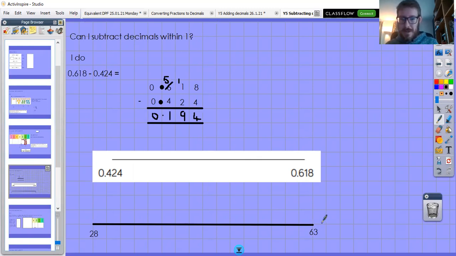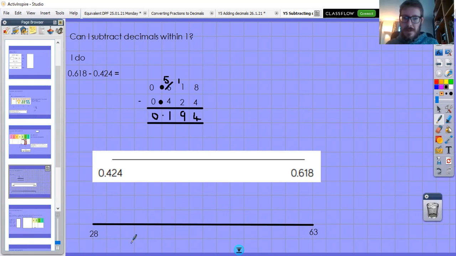So if I had this question, for example, if I had 63 take away 28, I might choose to do that by counting up instead of trying to exchange by doing 3 take away 8. The way I would count up is I would think I've got a number line. So I'm starting at 28, and I'm going to count up to 63. I'm not going to count up in ones, going 28, 29, 30, etc. I'm going to go in jumps.